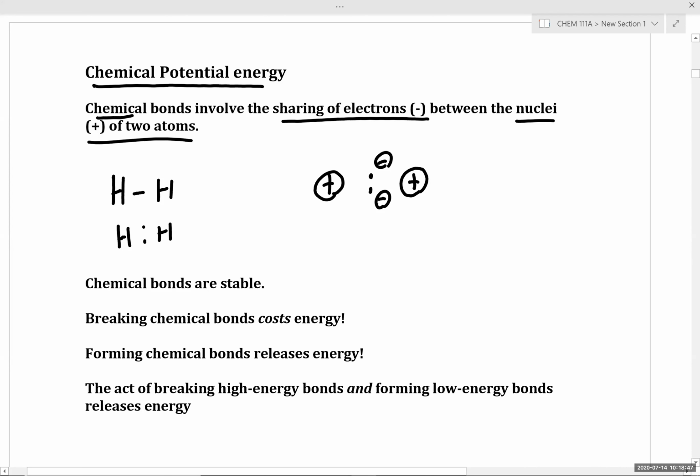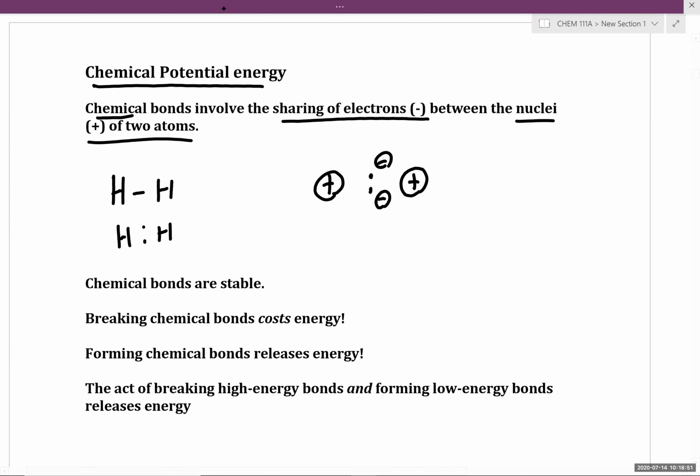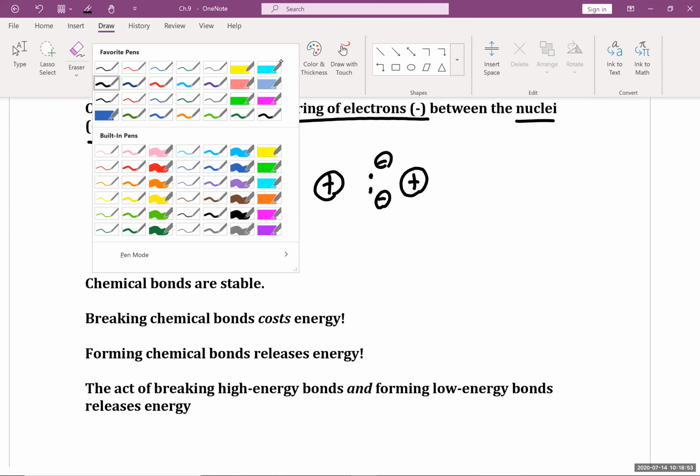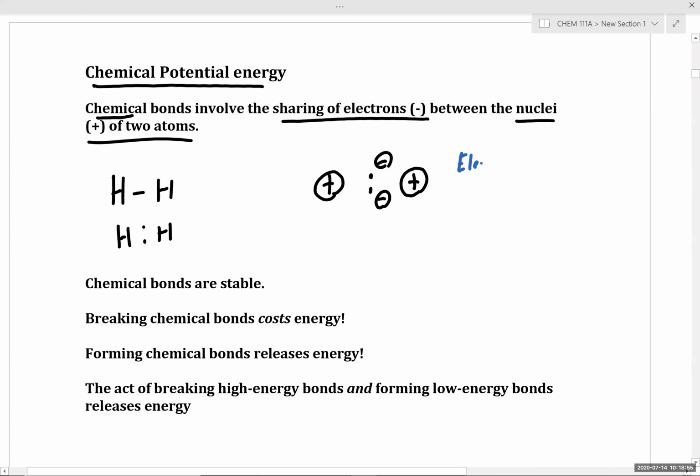Okay, so looking at this picture, we can see very clearly that our electrons are stabilized by the nuclei of each atom participating in the bond.